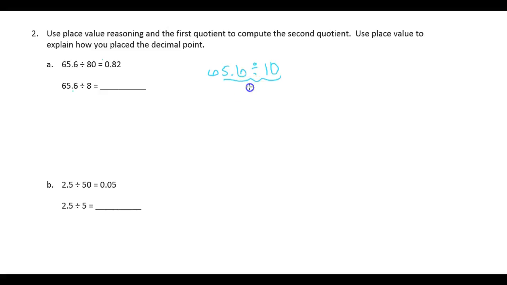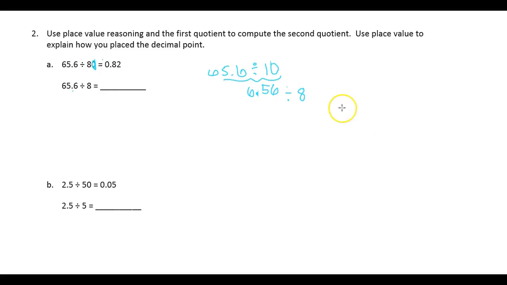So if we lose a place value, the 6 moves from the tens place to the ones place. The 5 moves from the ones place to the tenths place. The 6 moves from the tenths to the hundredths place. And now the next step, because we've taken care of the fact that that was in the tens, now we can just do our 8 and say divide by 8.